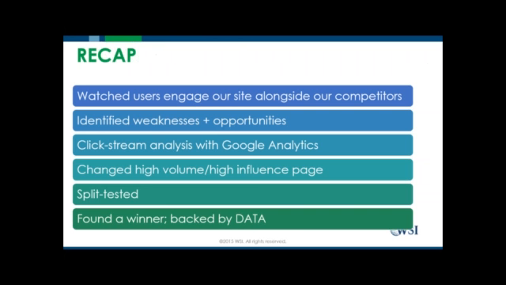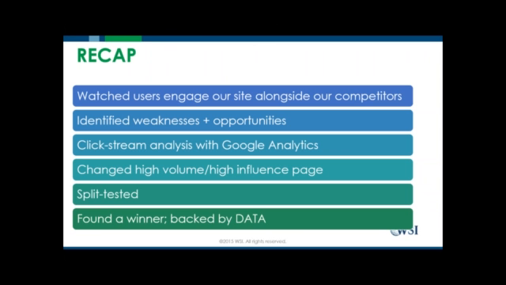Next slide. So as a recap to what we did here, we watched our users engage our site alongside our competitors. We identified the weaknesses and opportunities between our site and theirs. We validated that behavior that we saw in the user testing using Google Analytics.